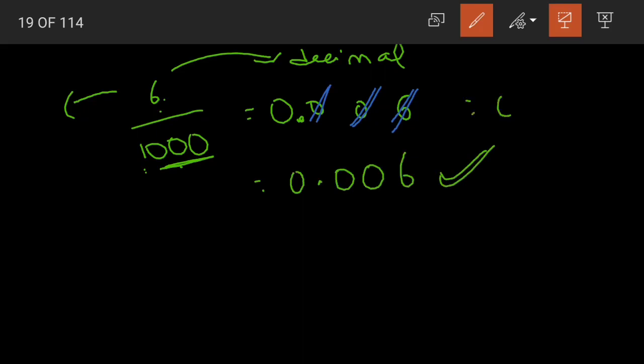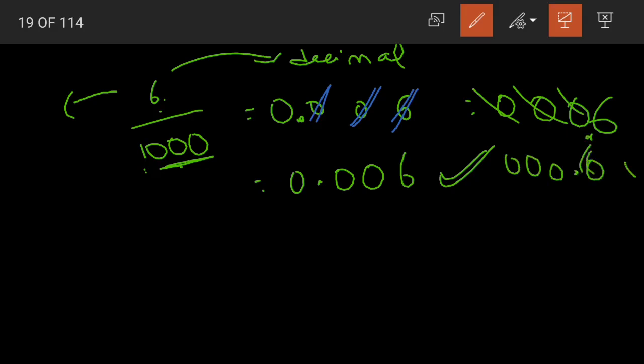Yes, you should count the number of places from the right side: 1, 2, 3 and then place a point. 0.6 will be our wrong answer. What is the correct answer, children? See, again, if you get confused between whether 0.006 is correct or 0.6 is correct, then what did I say?